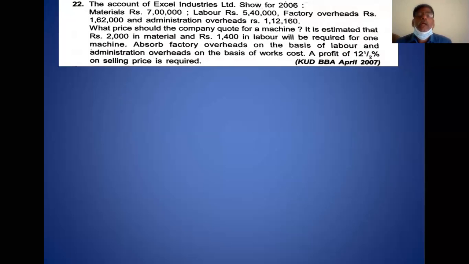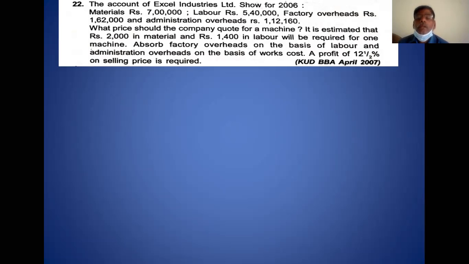It is estimated that rupees 2,000 in material and rupees 1,400 in labor will be required for one machine. Absorb the factory overhead on the basis of labor. They asked to take the factory overhead based on labor cost.